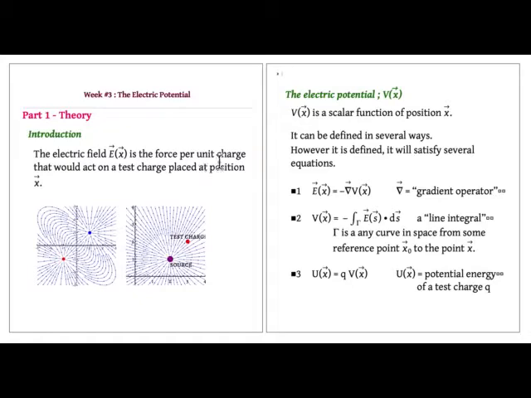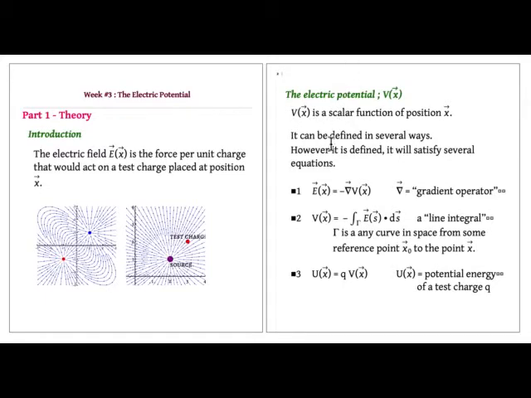Now, what's the electric potential? Our notation for the electric potential will be V, for voltage. And V of x is a scalar function of position x. So just like the electric field, it exists throughout a region of space. But unlike the electric field, it's only a scalar function, not a vector function.